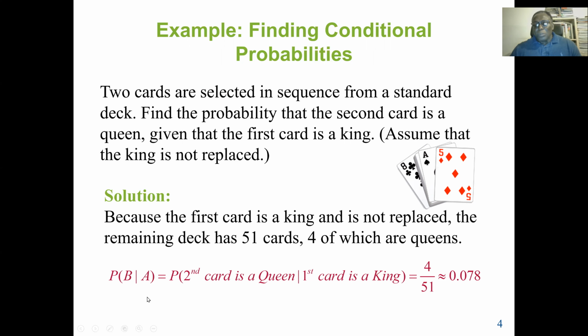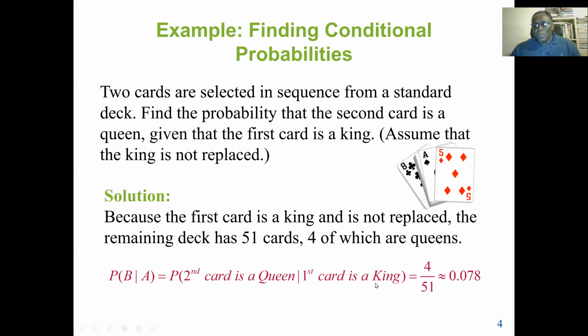So the probability of B given A, where B is the second card being a queen, given that the first card is a king.